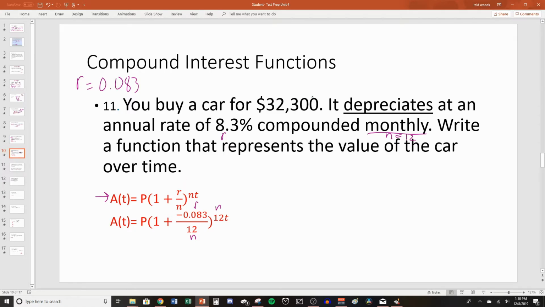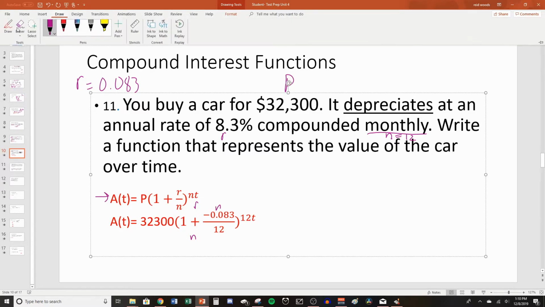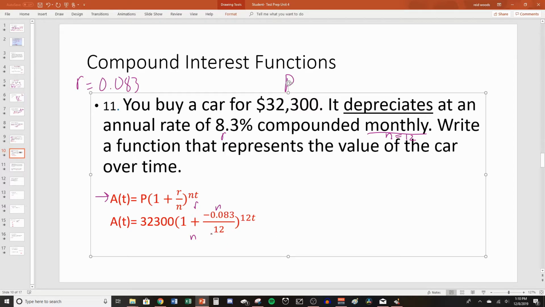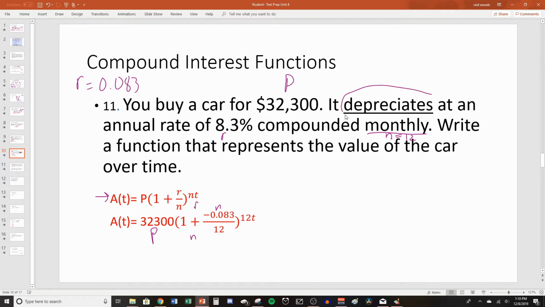P is this right here, your principal, which I need to edit really quick. Type in how much it actually is, which is 32,300. Okay, that's the cost. So this is P right here, which we found there. Now the negative, because it says the word depreciates right here, that's what we're going to be using the negative for.